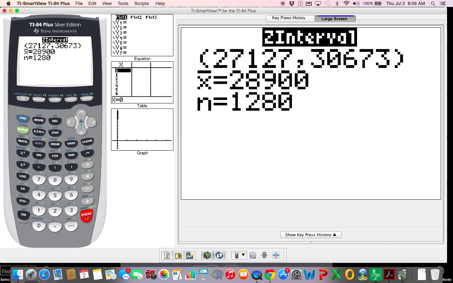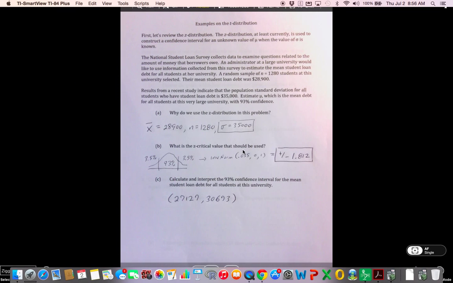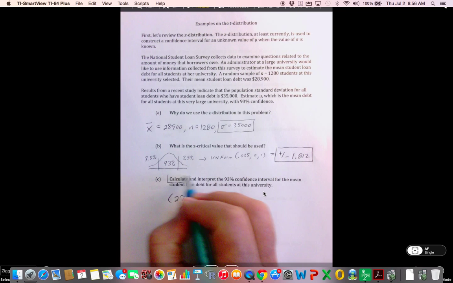All right, let's calculate it in our calculator. 27,127 to 3673. So I'm writing this stuff down. All right, so that's calculated it.